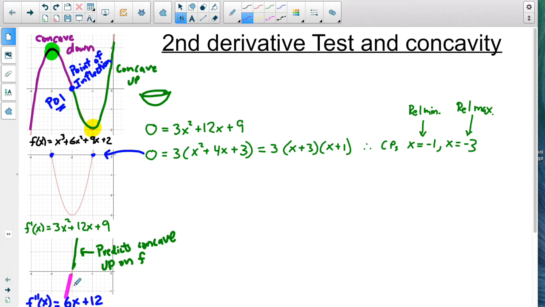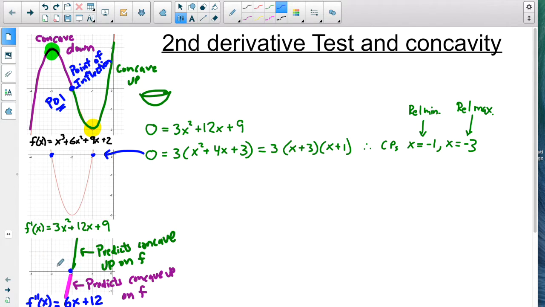And this predicts concave up on F, okay? And you can see it. If you go to the top of the graph here, of course, you can see where it's concave down and concave up.